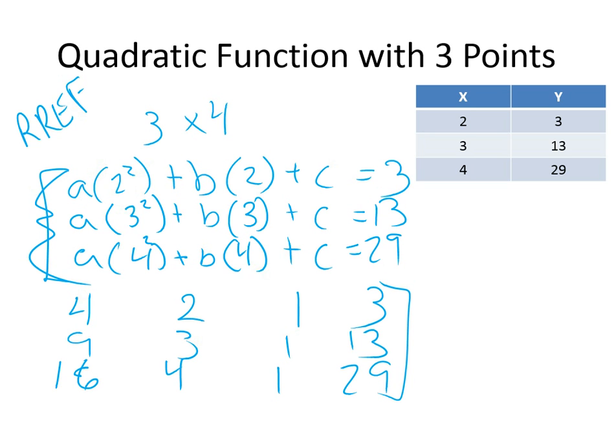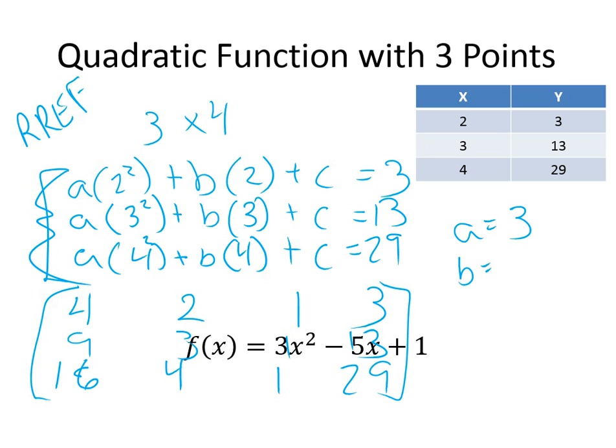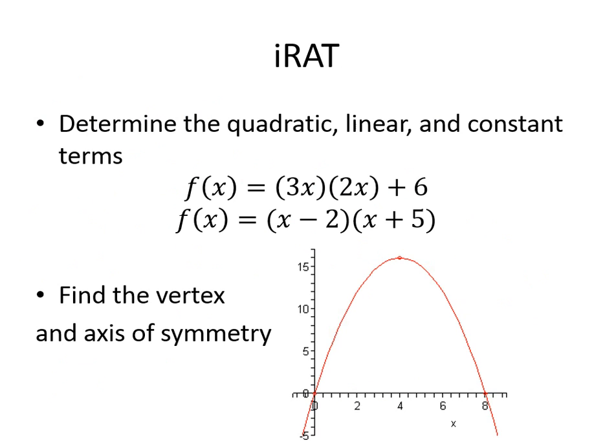And then you would do your reduced row echelon, and that will tell you your A, B, C. If you were to do your reduced row on this, you would get A is 3, B is negative 5, and C is 1. Again, you would use your calculator to find these numbers, or use the substitution or elimination method.